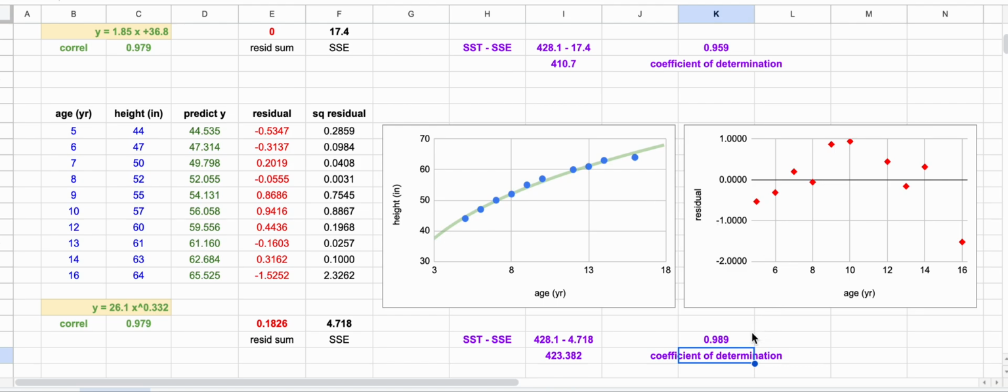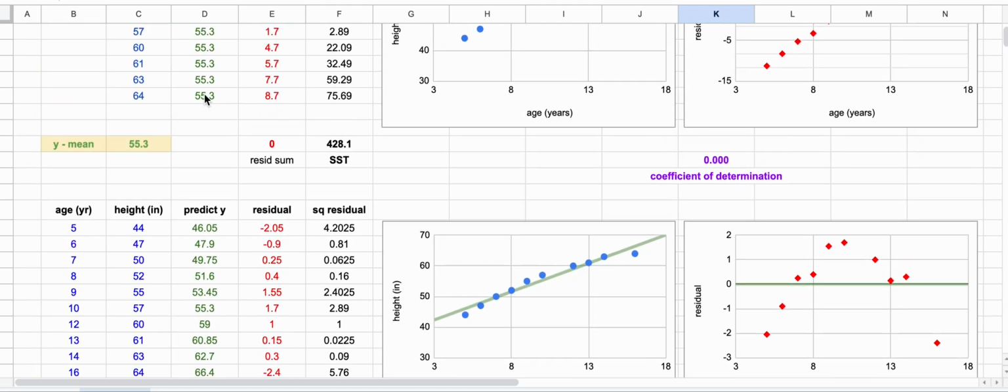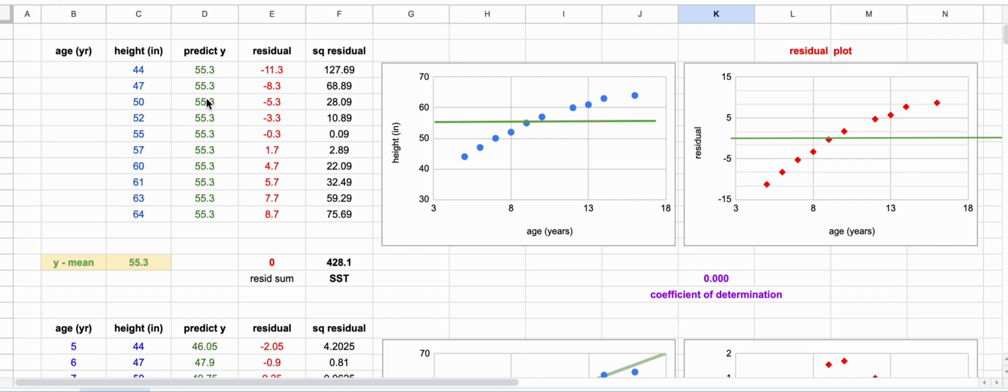So the big takeaway here is the coefficient of determination. The way you can figure that out is ask yourself, what's the total amount of error? And that's just by looking at the average alone, using just the average to make predictions of the y variable. That explains what's called total error.